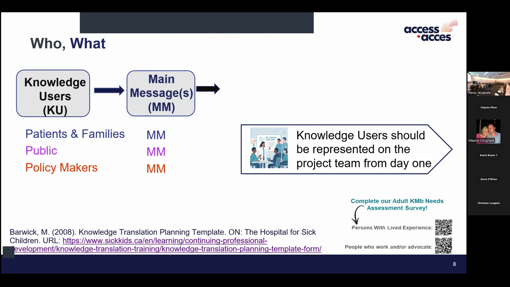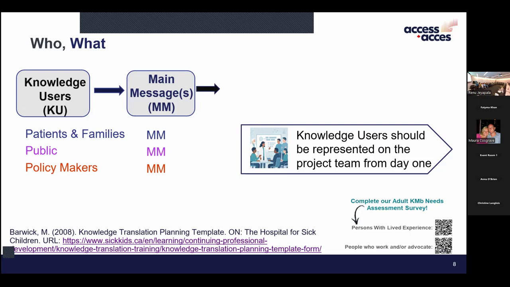The knowledge user groups can be patients and families, policymakers, researchers, and the general public. Each of these groups have different needs, different levels of background information, and different ways that they prefer and are able to receive information.